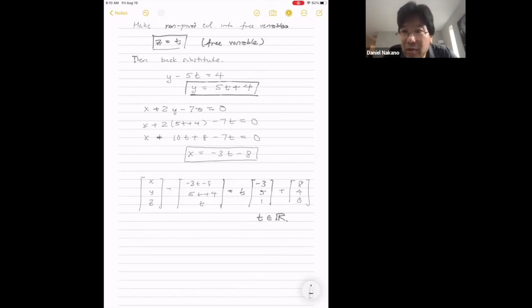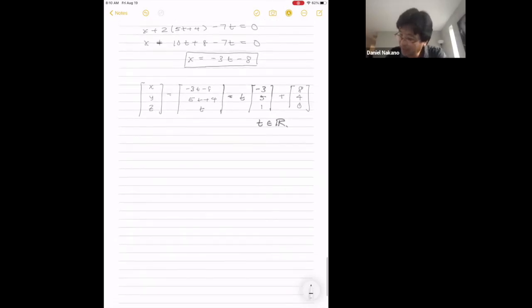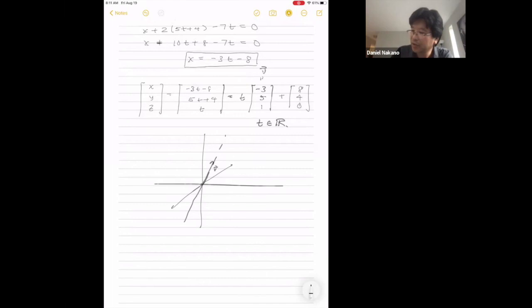All right, so what does the solution set look like? Anyone? So geometrically, if I'm looking at 3 space, I take this vector v here, I can stretch it in any direction, and then I shift it up to 8, 4.